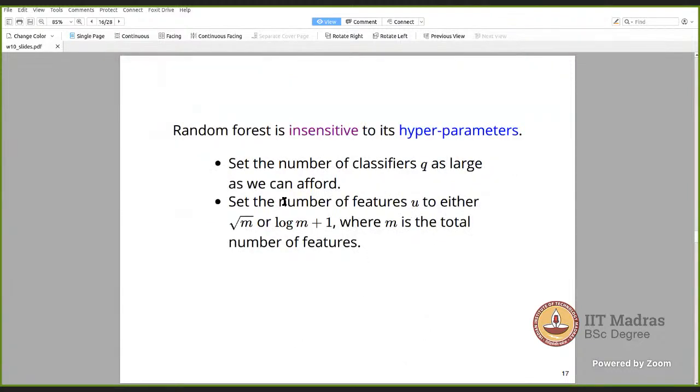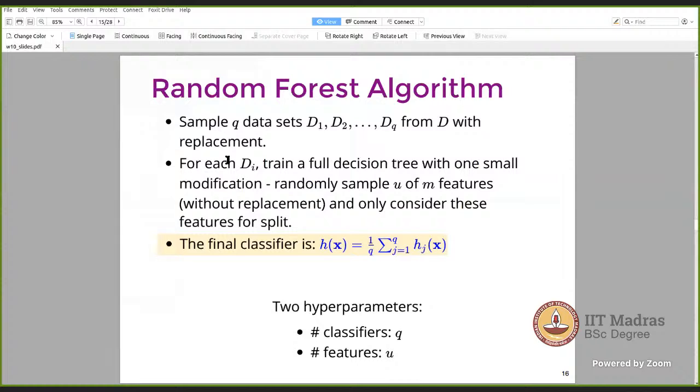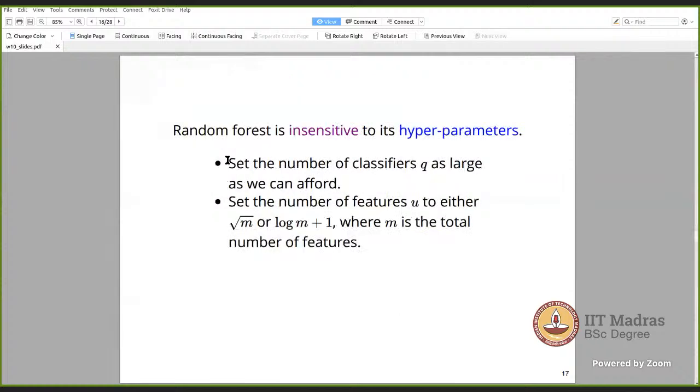Now, one thing you can keep in mind is, even if you don't know how much Q and U you should use, you can have Q as large as possible. You know why? Because we're taking the majority vote, or the average. When you average things out, the more the better. Majority voting, the more the better. So you can have a very high Q value if you don't want to tune parameters.